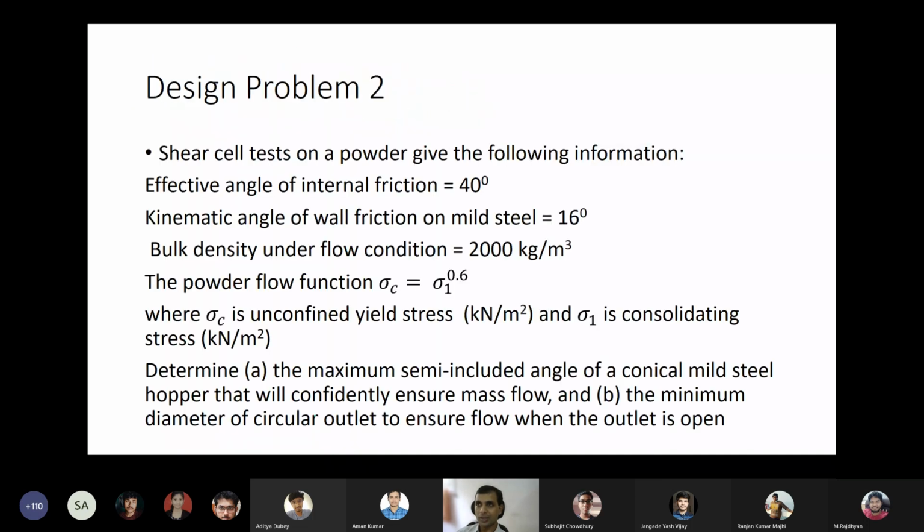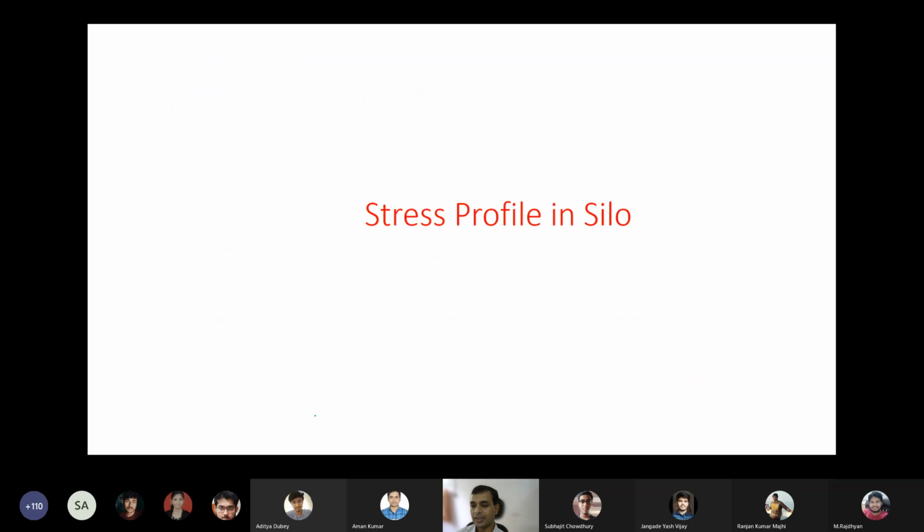Okay, so I'll move on to the next one, that is stress profile in silos. Whenever we want to derive any profile, either in a reactor or fluid flow, how do we derive profiles?